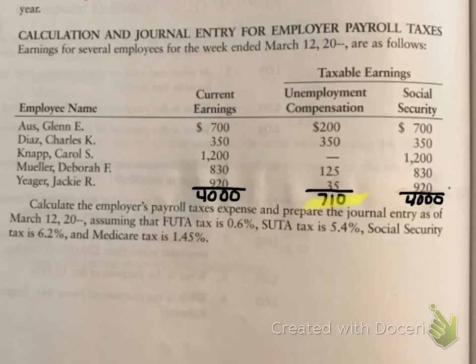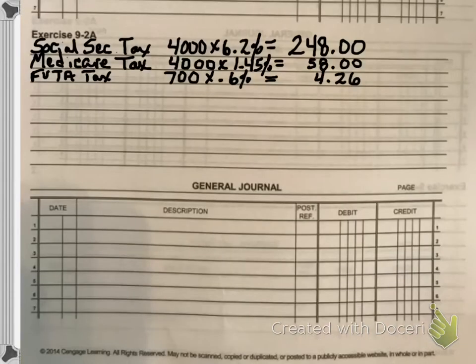What is taxable for unemployment? 710 to calculate, in this case, the state unemployment tax. So SUTA tax is going to be 700 times the state rate of 5.4%.